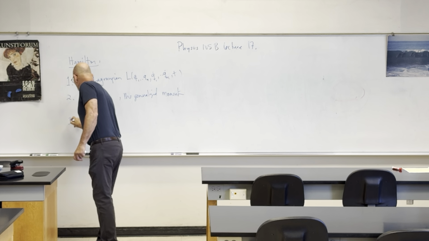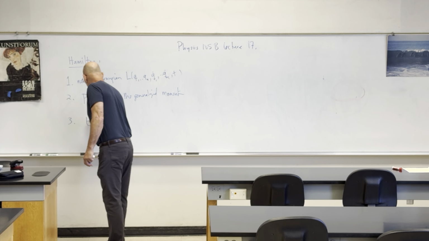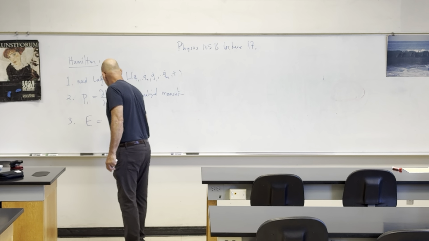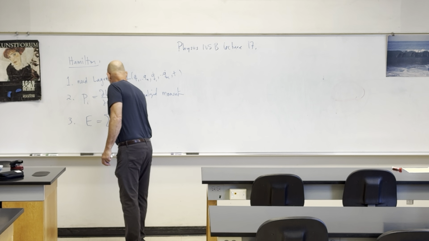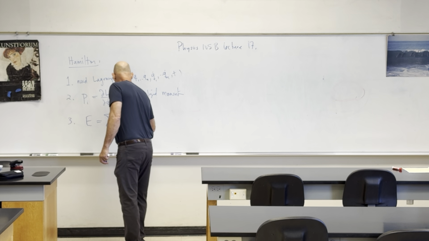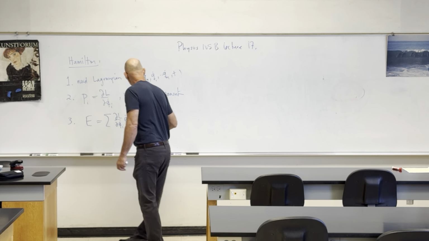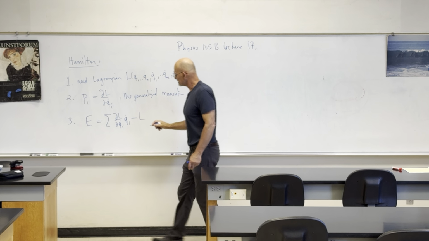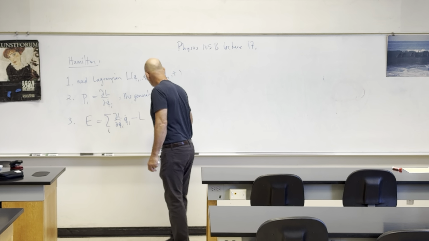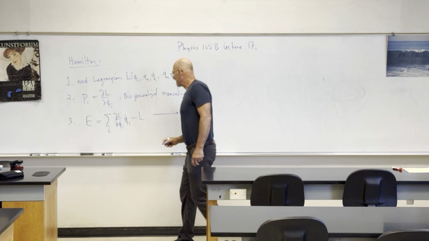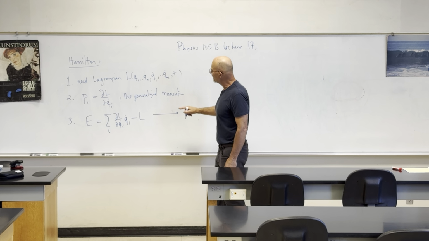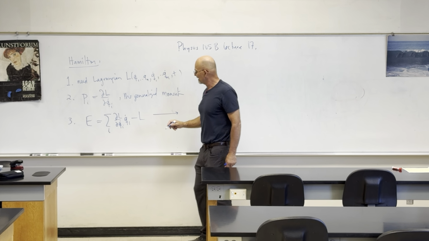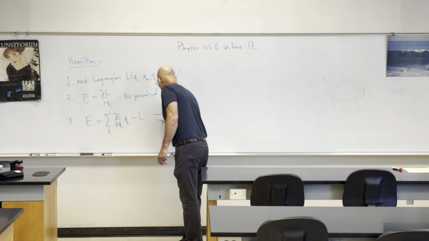The third step is to form the energy, sum of p_i qi dot minus L. L is right up here. And the thing to do is to express it in terms of q and p. So express this thing in terms of q and p.